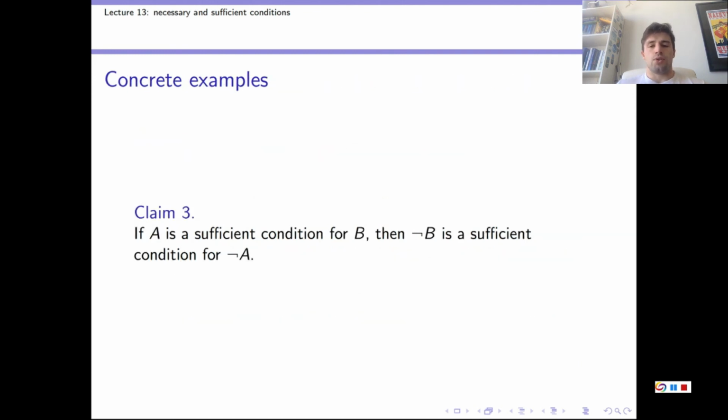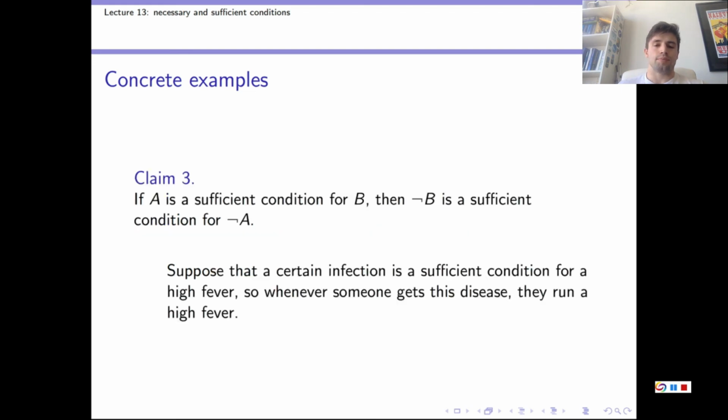Now, the last thing I'll do is illustrate claim 3 with a concrete case. There'll be questions like this on the assignments too, so given a theoretical claim like the 6 we've seen in this video, it's good to think about concrete examples that illustrate those particular claims. Now, claim 3 said that if A is a sufficient condition for B, then not B is a sufficient condition for not A. To illustrate this using an example, I just mean saying something like the following.